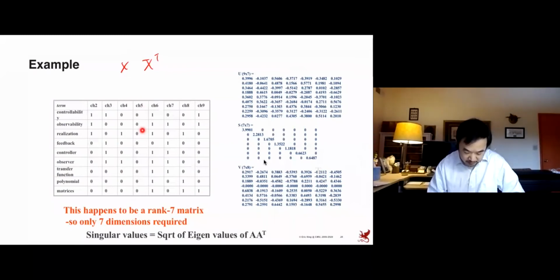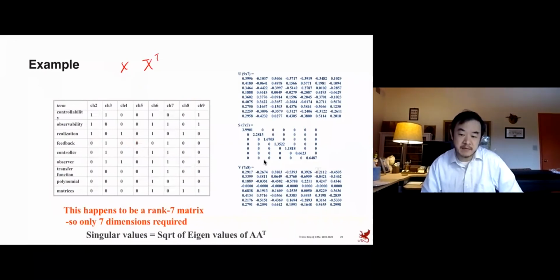You'll probably notice that there is a column where there is no instance of any of the terms given in the list. That caused this matrix, which originally has how many columns? 8 columns, to have effectively only 7 columns. So this is a rank 7 matrix instead of a rank 8 matrix because this particular column has all 0 elements.